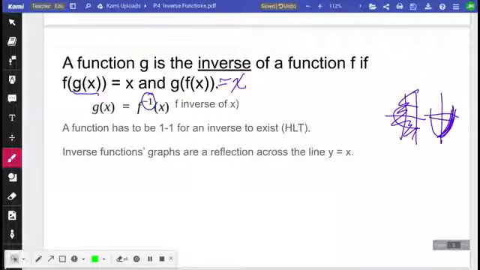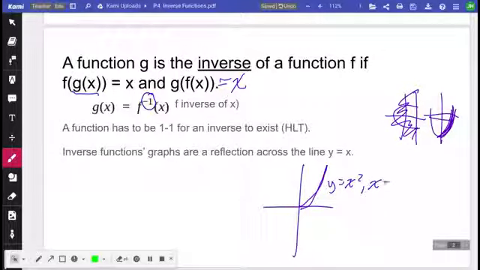All right. One cool thing about inverses is they are the reflection across the line y equals x. So if you picture just the right half of a parabola, let's do y equals x squared when x is greater than or equal to 0. We'll restrict that domain so it does pass the horizontal line test.